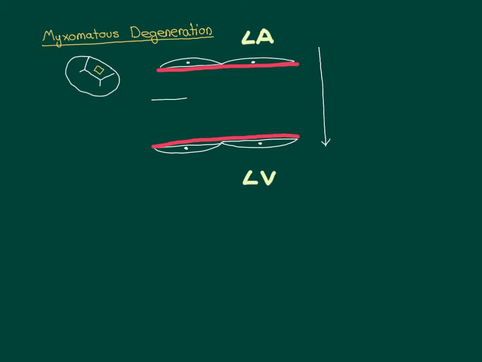So I'll mark on the fibrosa first. So all of this layer here that I'm colouring in white, this is the fibrosa layer, and remember this consists of a lot of collagenous connective tissue with fibroblasts amongst the collagen fibres.